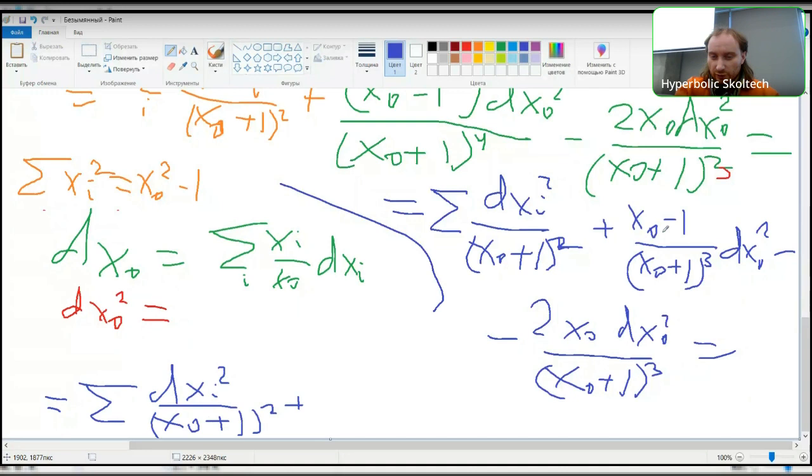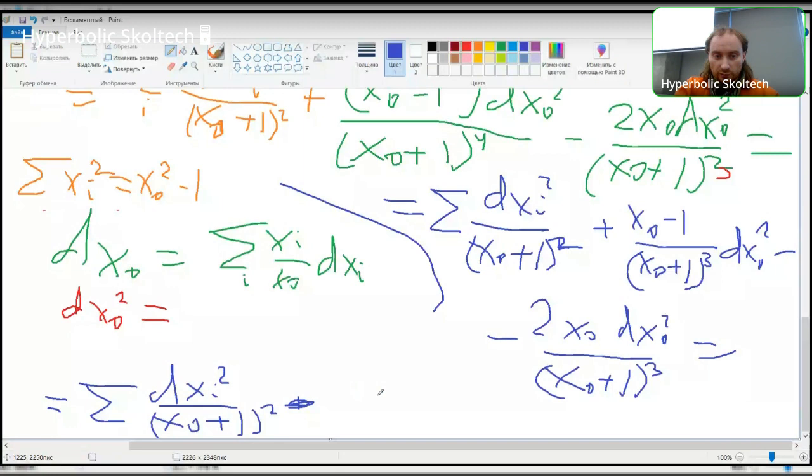So this equals minus dx0 squared divided by x0 plus 1 squared.